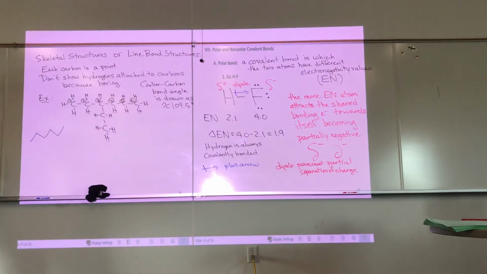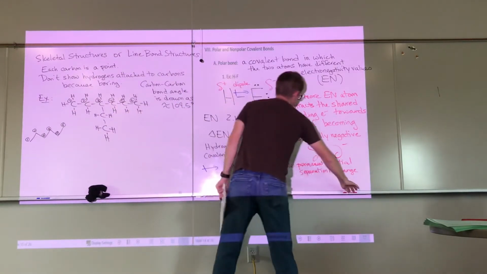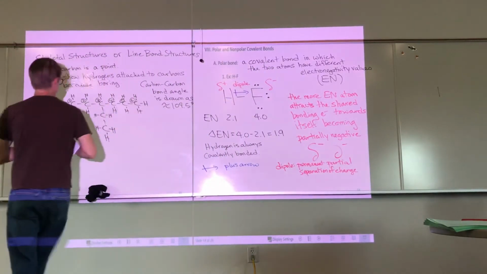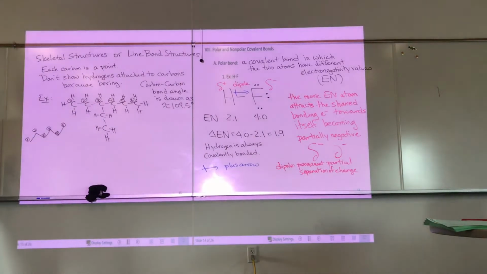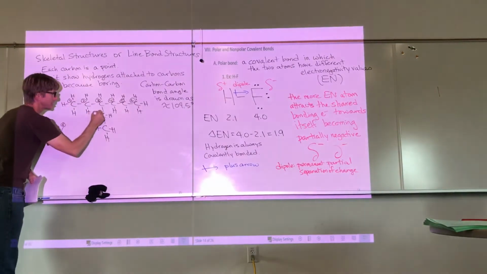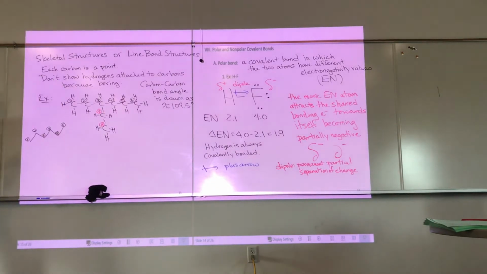But again, this is just so you can see them. 1, 2, 3. So I have 6 carbons so far. I have 2 more carbons attached to the 3rd carbon. So let's call this 7 and 8.